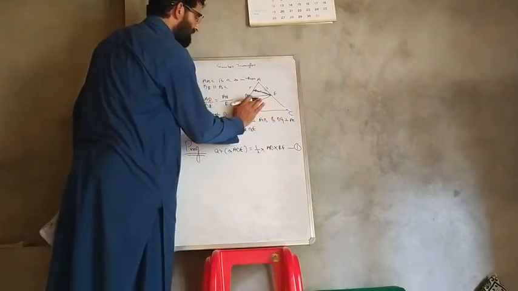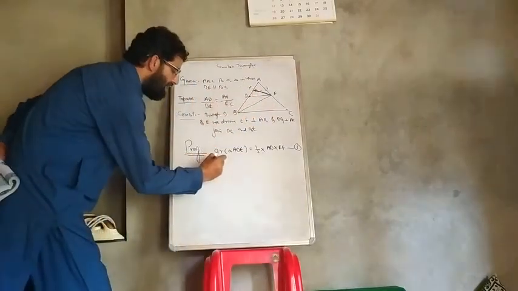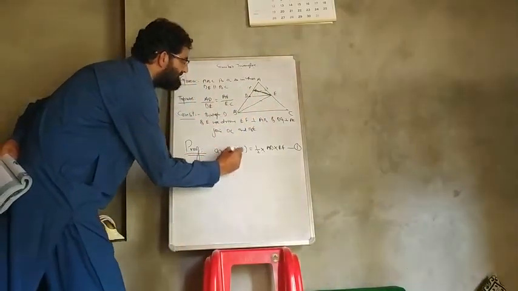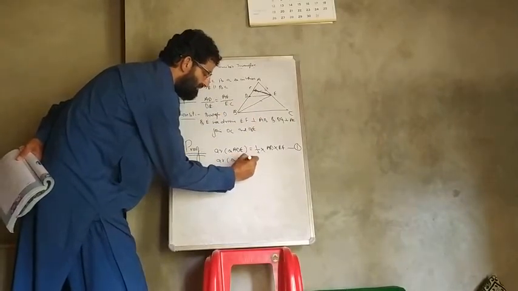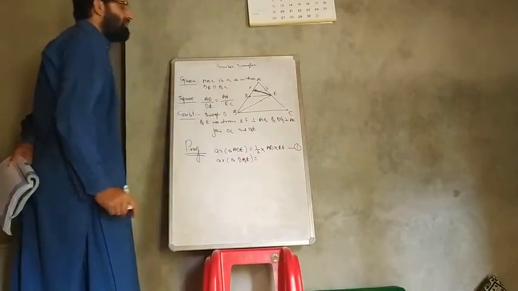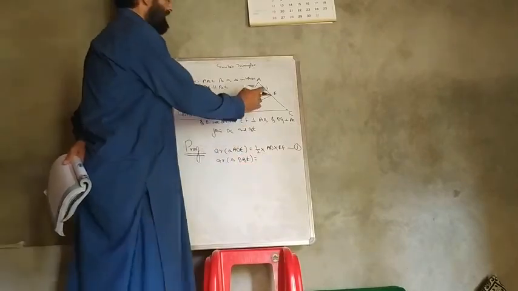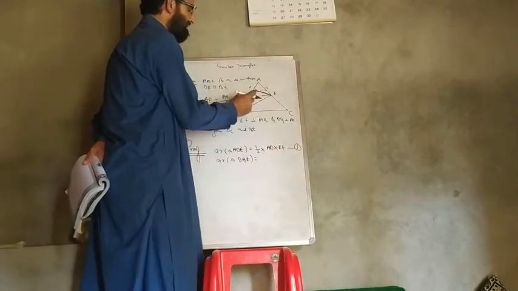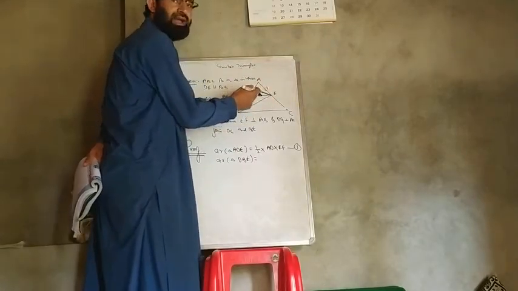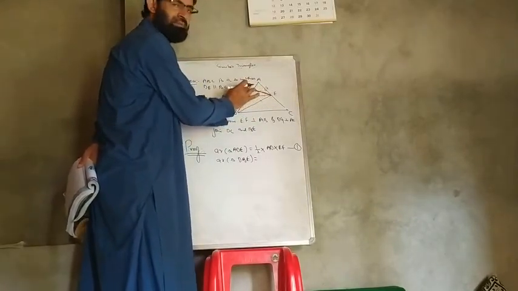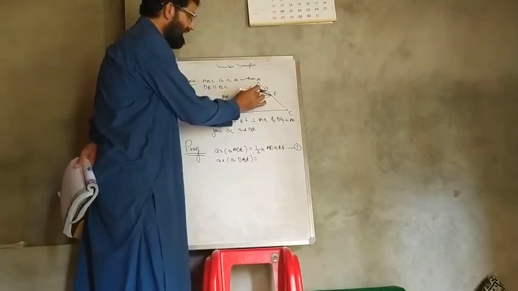Now the area of this triangle DBE, this is an obtuse angled triangle, and the perpendicular is from outside. So this EF is again the perpendicular. EF is its height.